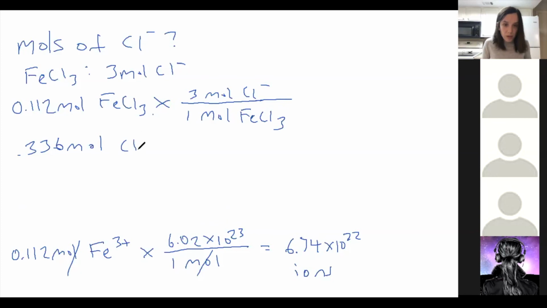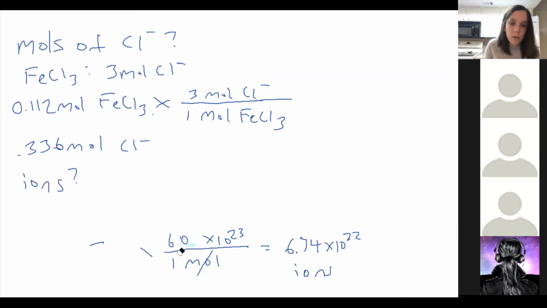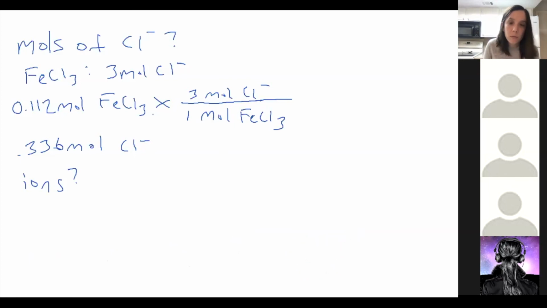of Cl minus. If we want to know the ions, we now multiply by Avogadro's number. So we take 0.336 moles of Cl minus and multiply it by 6.02 times 10 to the 23rd.